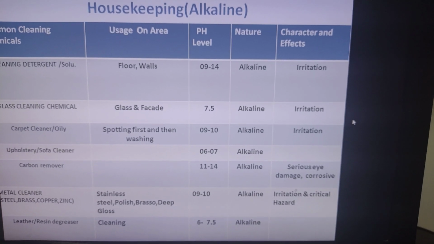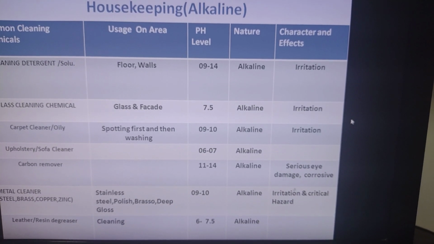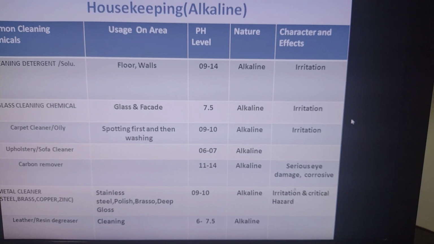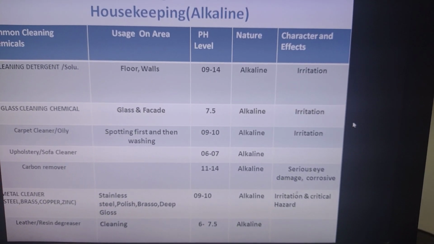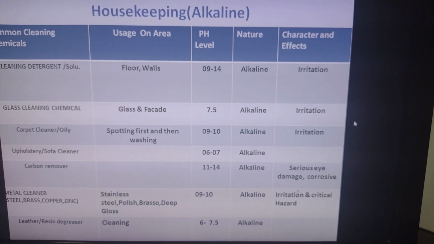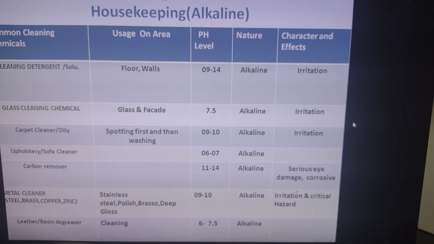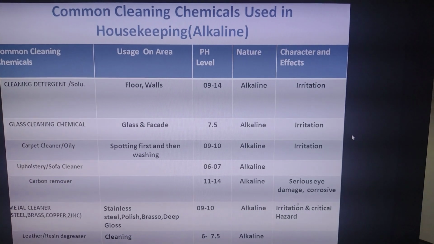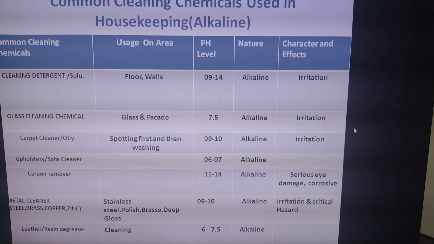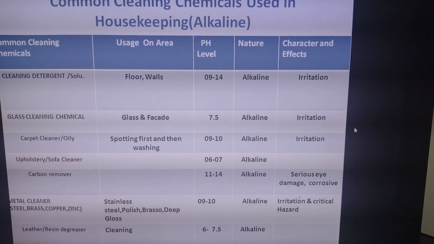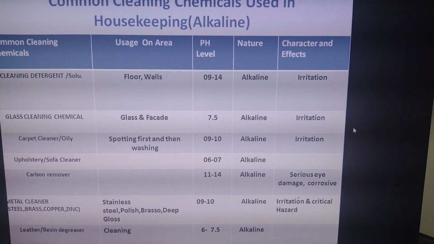Leather resin degreaser, the pH level is 6 to 7.5, and the degreaser's role is to remove dirt from the leather surface or resin surface, and then you can polish that with a moisturizer for shining of that resin or leather.